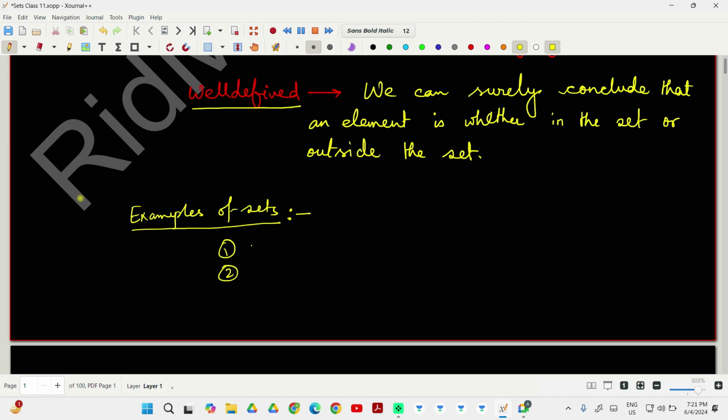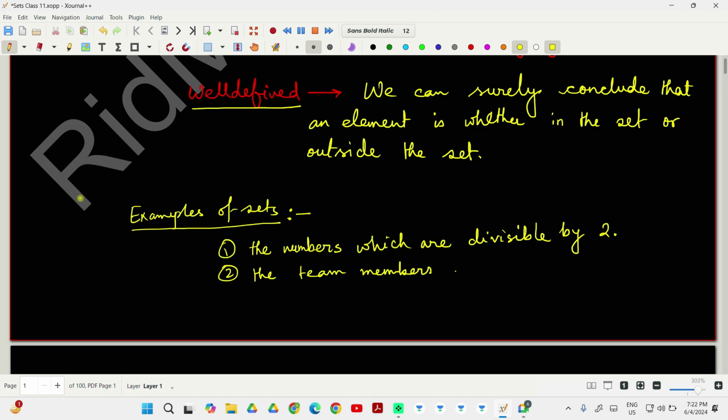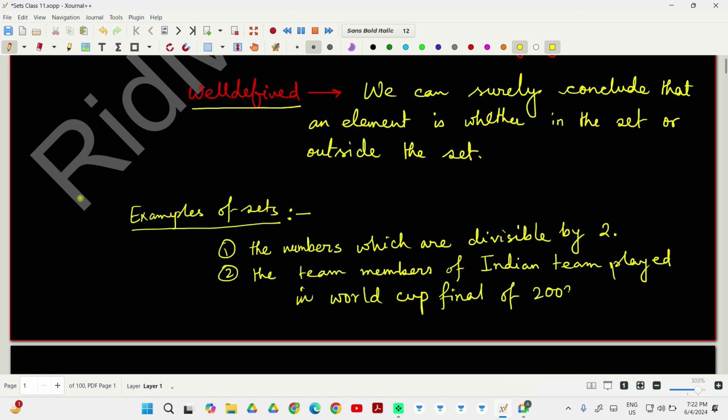So we are taking, let's say, the numbers which are divisible by 2, and next take the team members of the Indian team played in the World Cup final of 2023.